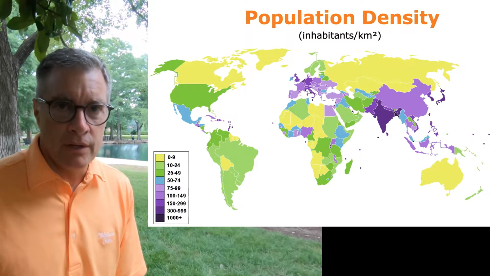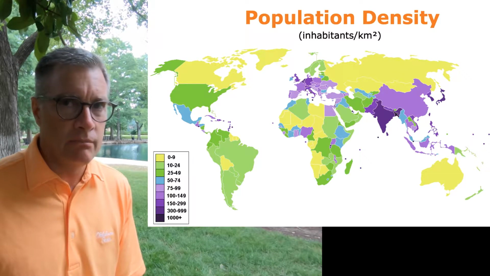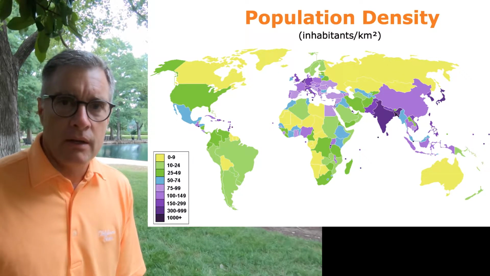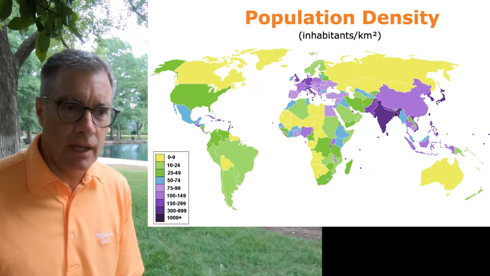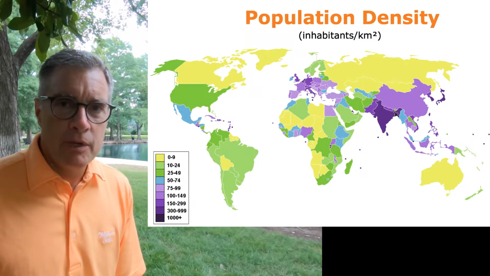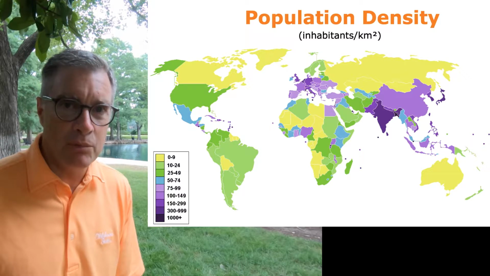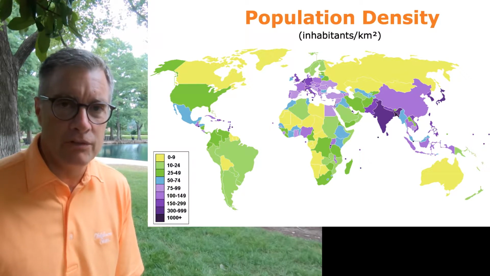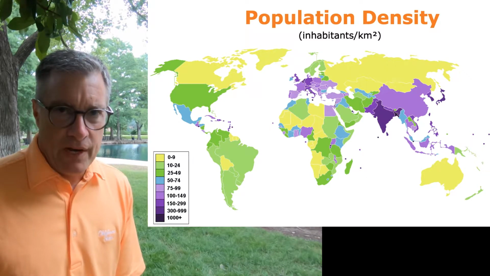While if you live in suburban Edmond or Manhattan, New York, population density can be astronomically high. And that's because, of course, we have different ways of placing people, and you can pack people into large cities, and population densities are very high. This is an important fact to remember.